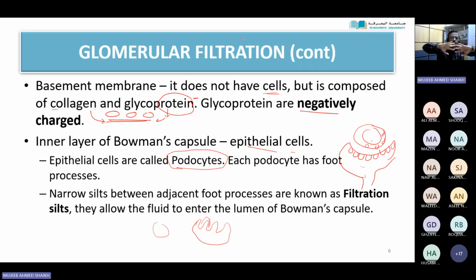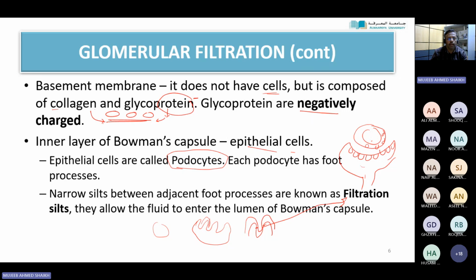When the right hand fingers engulf the left hand fingers, it is not totally watertight. It has got some gaps. This is called filtration slits. If you have another cell fitting here in the foot process, these gaps are called the filtration slits.